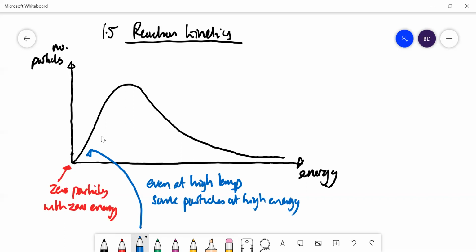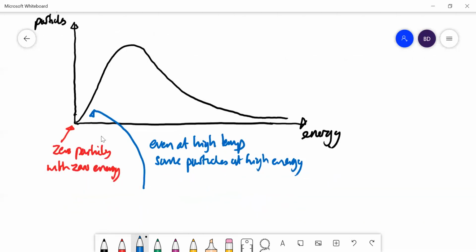When you have a collision between two particles, the total energy is conserved, but one of them can fly off much faster than the other one and leave the other almost standing still. Like when you have two snooker balls, sometimes when they collide, one of them seems to get all of the energy, flies off faster, and one of them stops dead. That's the reason for having a small number of particles, even when the temperature is high, that have got very little energy.